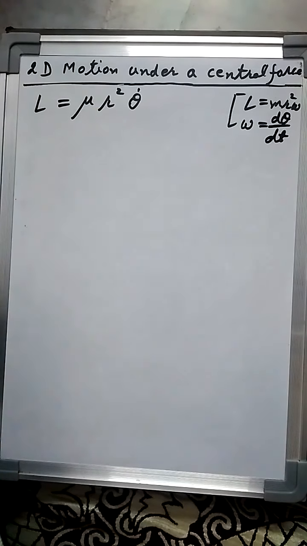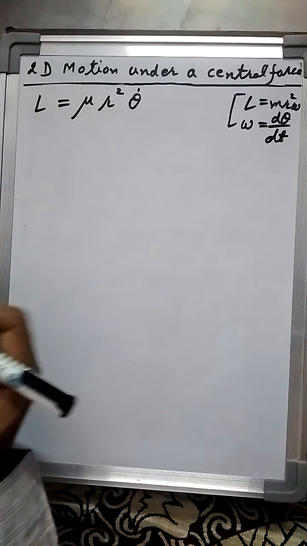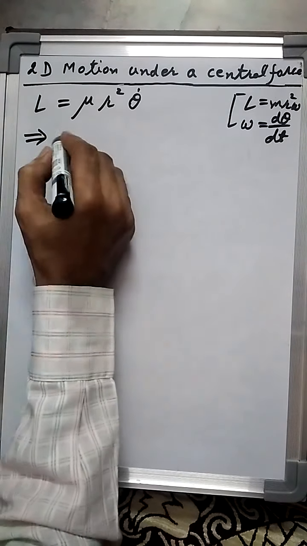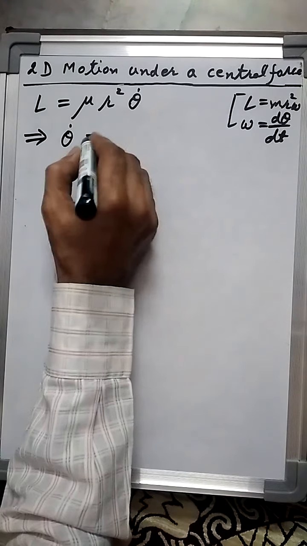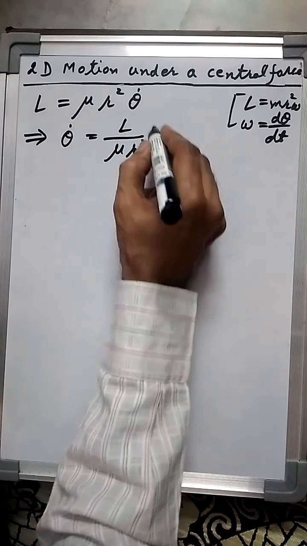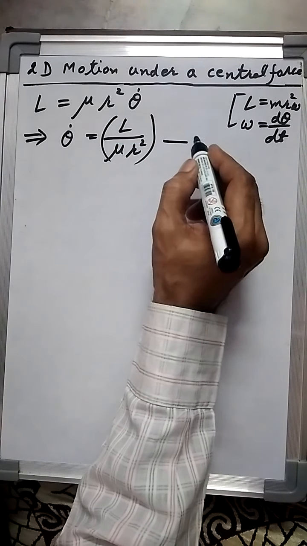Same thing I have written here. Instead of the mass of the body, I have used the effective mass of the system. Now this equation can give us the value of theta dot. It will be L upon mu r square. Let's call it equation number 5.